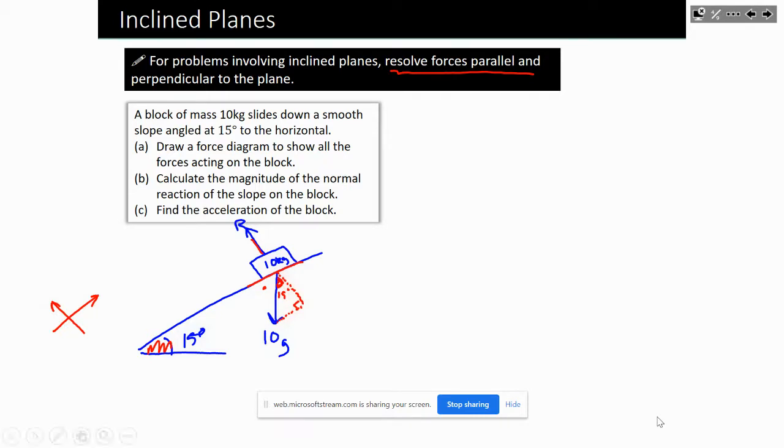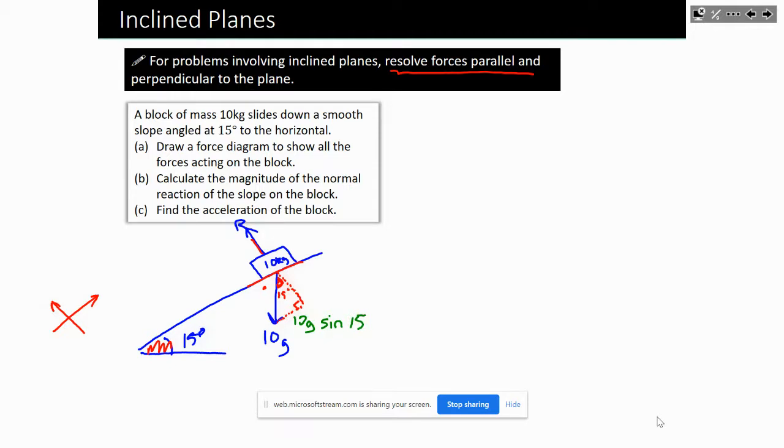Then we can calculate our horizontal and vertical components based on that. So our horizontal component, or the component along the plane, is going to be 10g sine 15. It's opposite our angle.